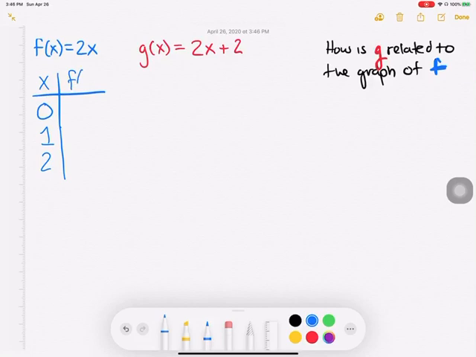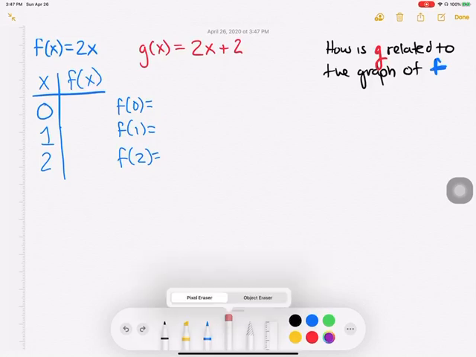I also have to find the corresponding ranges. And in order to find the corresponding range, I have to find f of 0. So I have to substitute 0 into the function. I have to find f of 1, and I have to find f of 2, which means I have to take these numbers and substitute in the blue equation. So we're going to try to find this value right now.